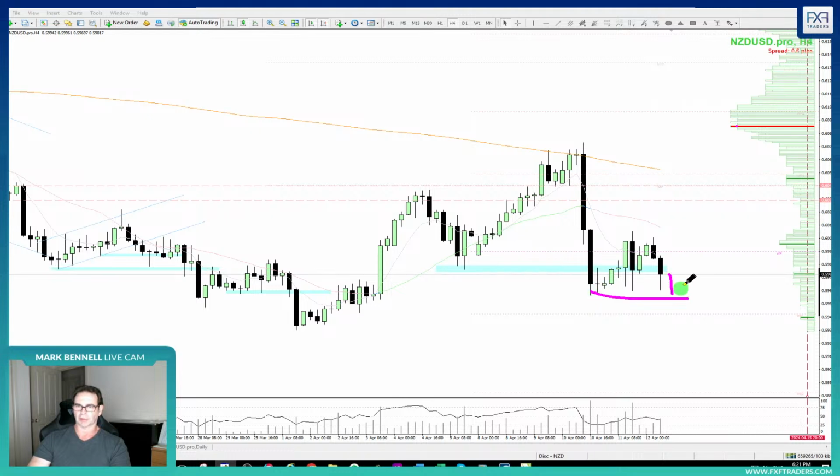My preference though, the usual, see a nice little consolidation here and drop, take the breakout. Otherwise, the usual, because it's a bigger picture pattern, nothing wrong with, we get the pop here, waiting for that pullback.